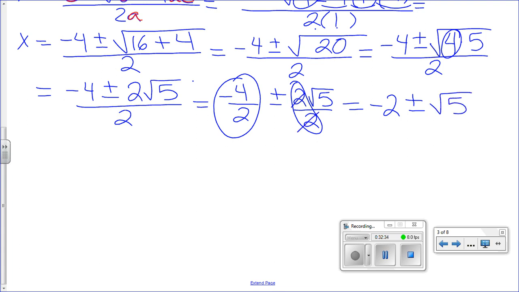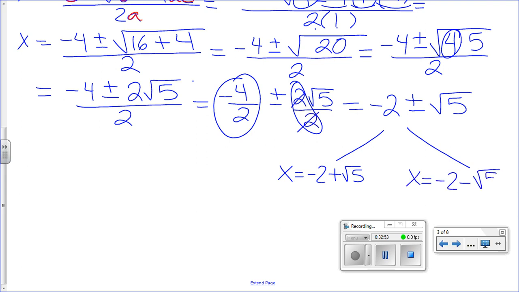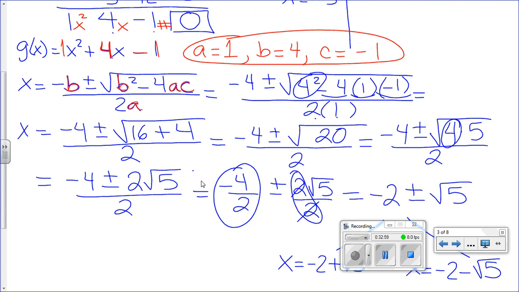Now here we have actually two zeros. One of them will be x is equal to negative 2 plus the square root of 5. And the other one is x is equal to negative 2 minus the square root of 5. So I'm going to go back to the top and list them here.